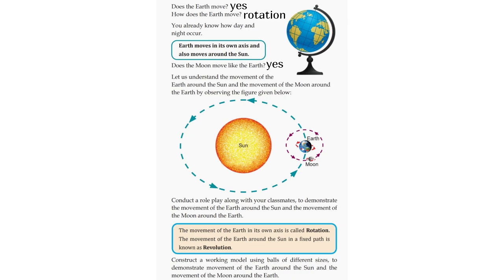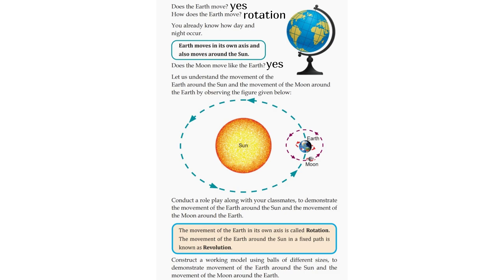Let us understand the movement of the earth around the sun and the movement of the moon around the earth by observing the figure given below. Conduct a role play along with your classmates to demonstrate these movements.